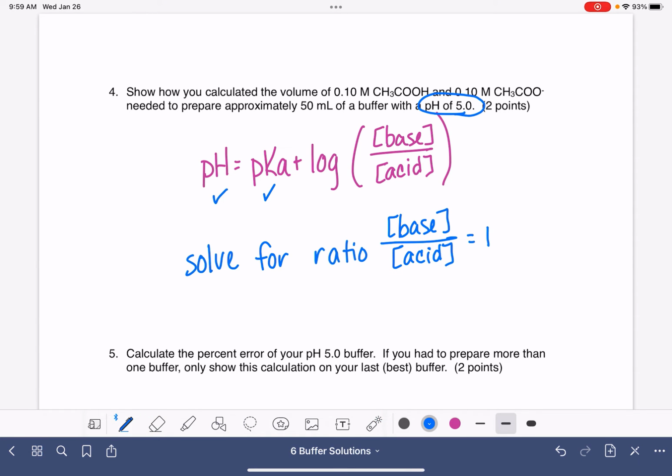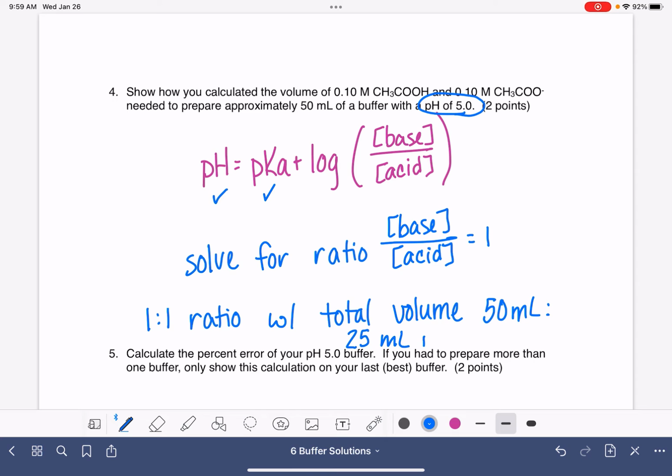Let's just say that it's 1. And you're going to say that you need a 1-to-1 ratio of the base and the acid with a total volume of 50 milliliters, roughly 50 milliliters. And so you would accomplish that by mixing 25 milliliters of each. That would give you a 1-to-1 ratio with a total volume of 50.